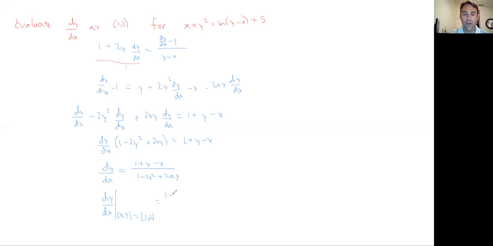So 1 plus my y value, which was 2, minus my x value, which is 1, all over 1 minus 2 times y squared plus 2 times x times y. So we're going to plug in our x's and our y's.